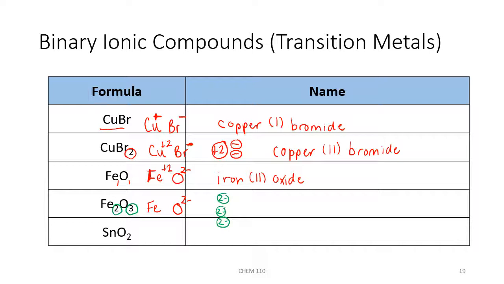And if we are restricted to having 2 iron atoms, what charge must each of those be so that the formula is neutral? We know they're going to be positive because it's a metal. Each iron must be a +3 charge. That gives us a neutral atom. So that, working backwards from our anion, allowed us to figure out the charge on our cation. The name of this compound is iron 3 oxide.